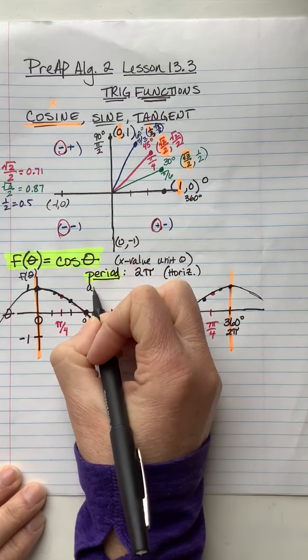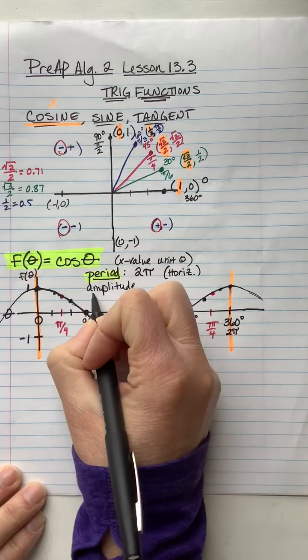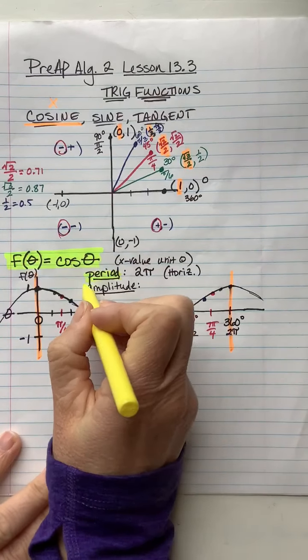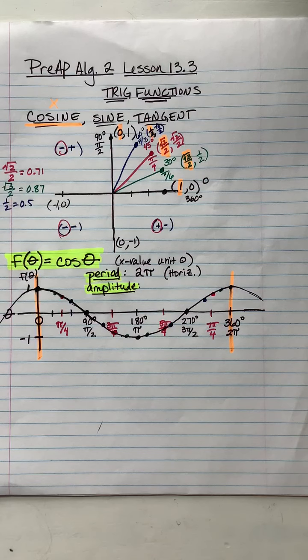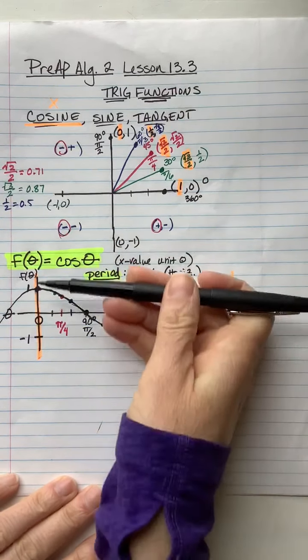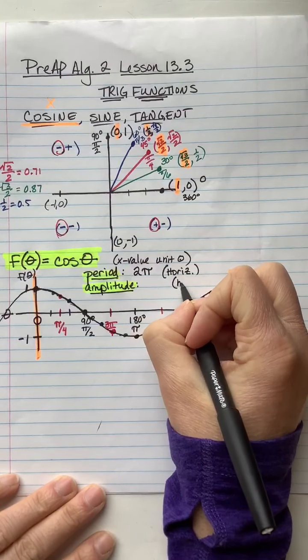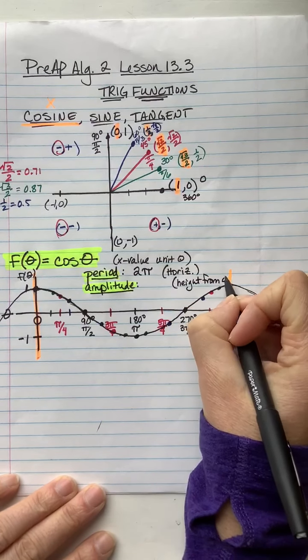Another thing we can talk about is the amplitude. Now in your science classes, you probably have already discussed amplitude of a wave. And if we were in class right now, you would all be shouting out, oh, that means the height of the wave. Absolutely correct. So the amplitude is going to be our vertical distance, the height of the wave from 0.